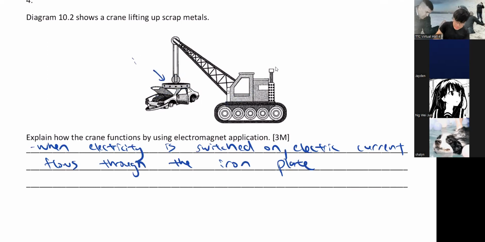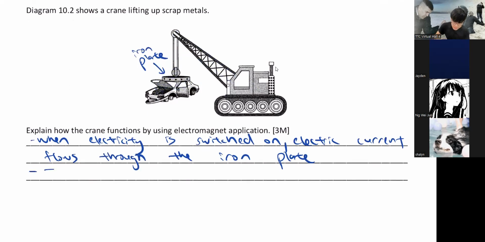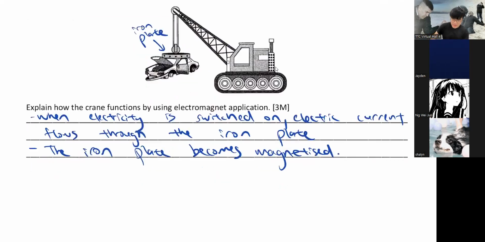Current will flow through that. When there's current flowing through here, this plate will become a magnet. When it becomes a magnet, we call it magnetized. The iron plate becomes magnetized.